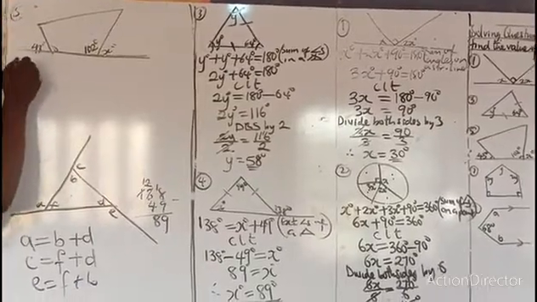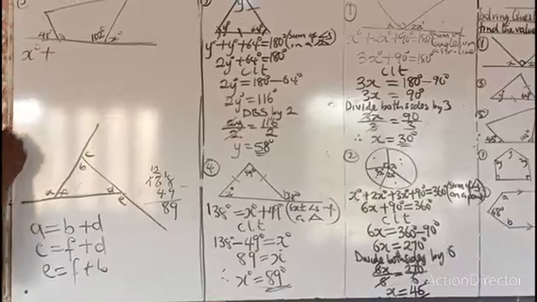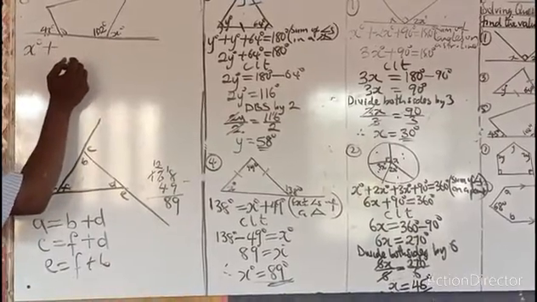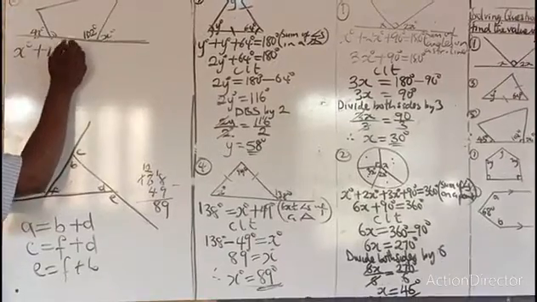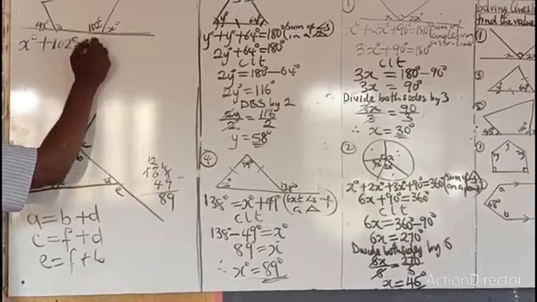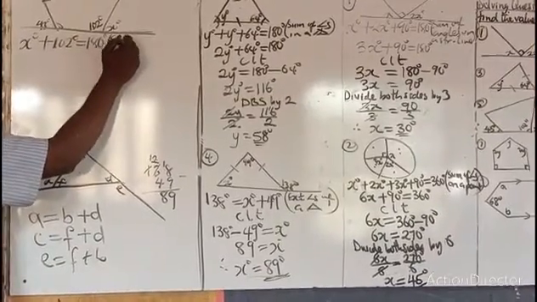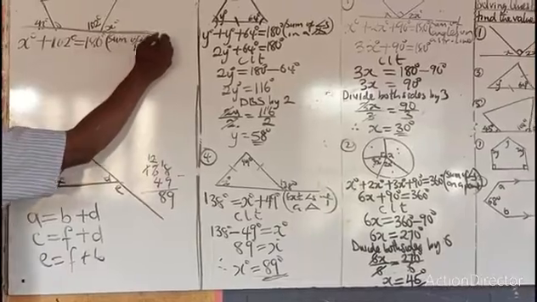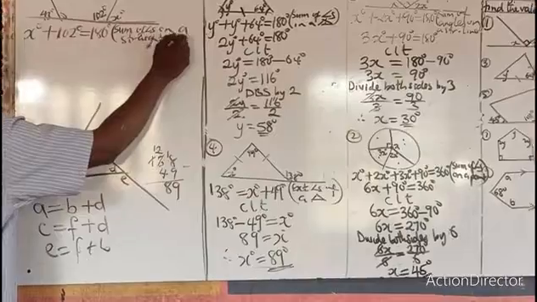I'm going to say x degrees plus 102 degrees equals 180 degrees. What's my reason? Sum of angles on a straight line.